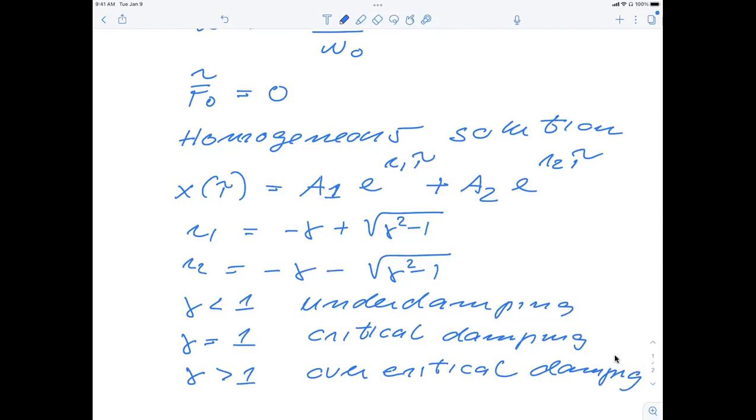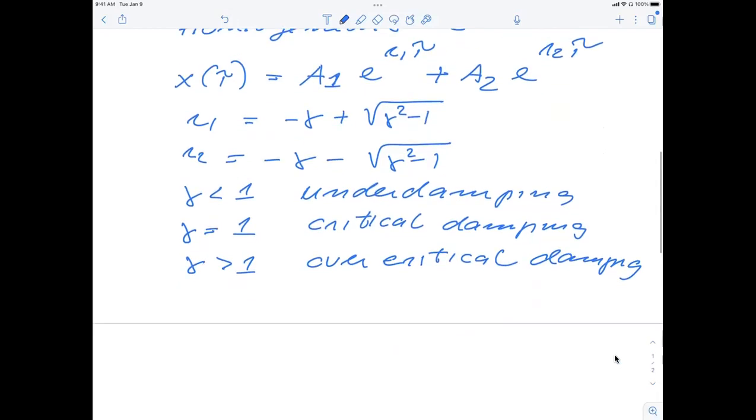Now, what we're going to look at is the particular solution. In the case when f of 0 is different from 0, we are looking at the particular solution, xp of tau, which is normally called the particular guy.